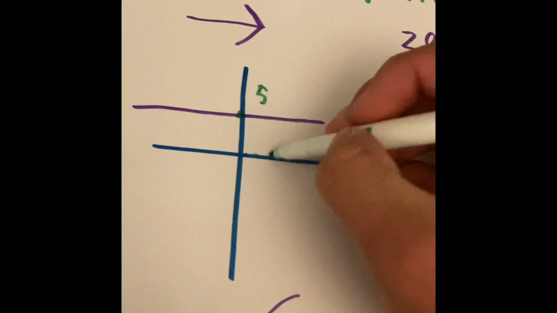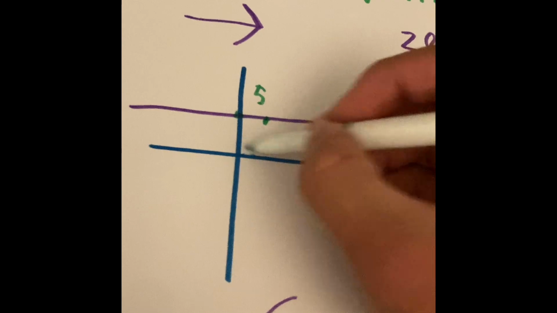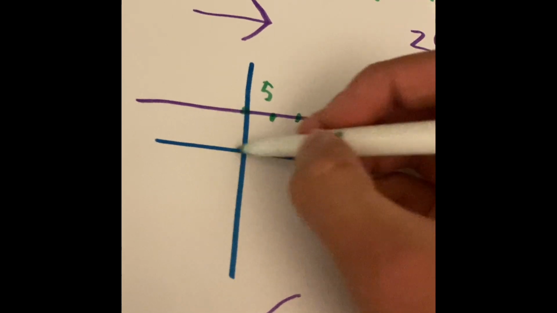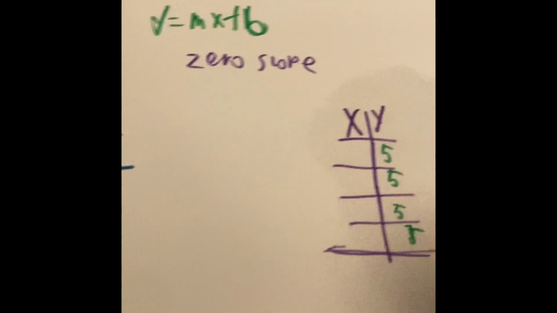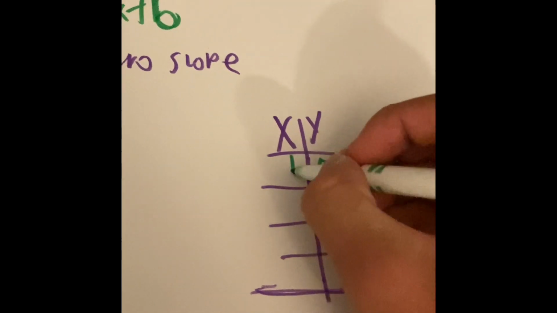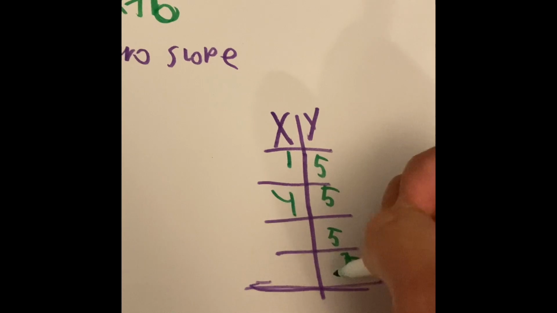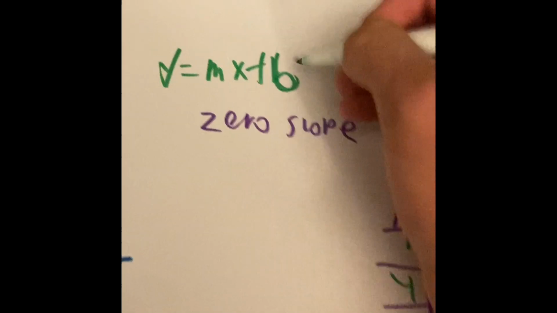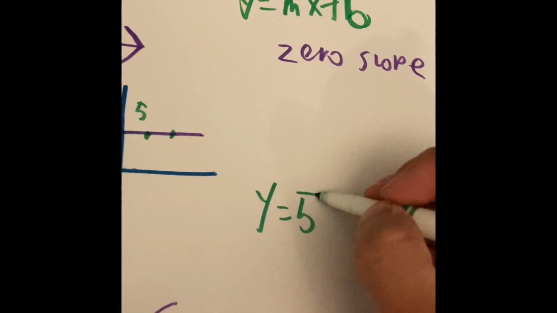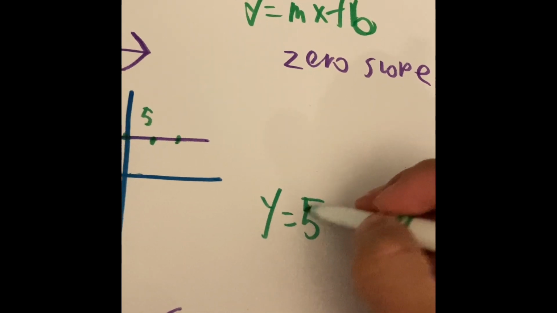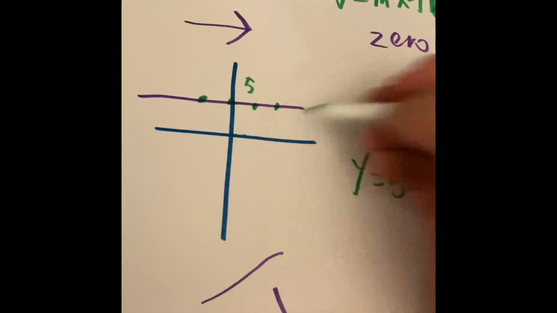Let's say 1, 5. 4, 5. Negative 4, 5. So no matter what you insert in for x, it will still become 5 because instead of slope-intercept form, what you're going to get is y equals 5. There's not really a slope, but this is still called a slope.